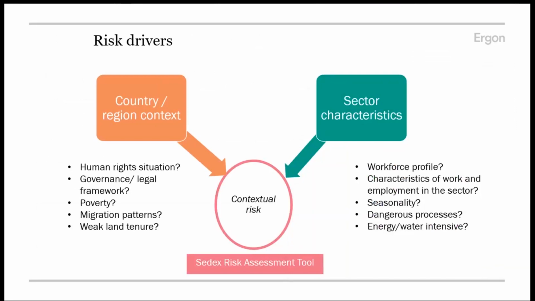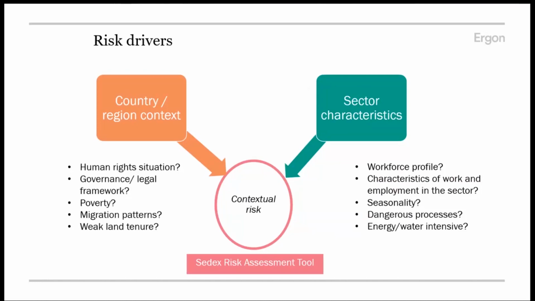So assuming that you have got a reasonable picture, perhaps certainly tier 1, perhaps tier 2, so you know where suppliers are located, you know what sectors they're in, clearly, you can then start to understand the sorts of risks that they might be facing or the sorts of impacts that they might be having. And really there are two elements to this. The first is the country context.